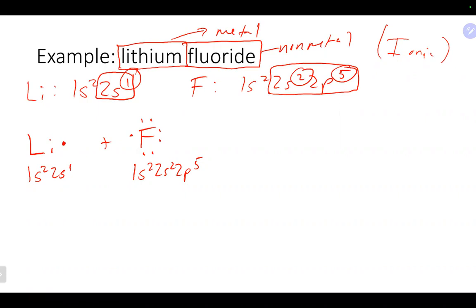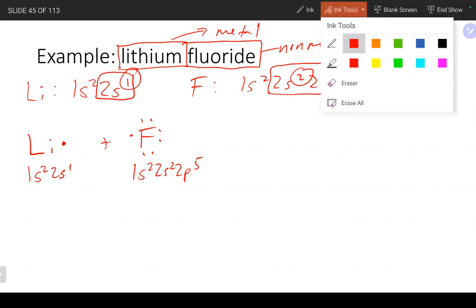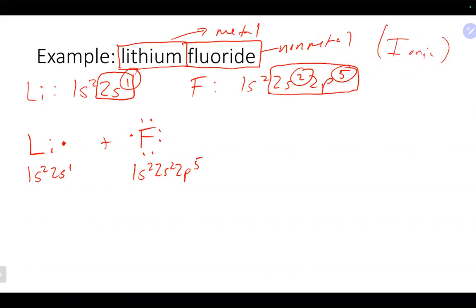What's going to happen when these two get together is, because the metal has all of those periodic properties to say, take my electrons, and the fluorine, which is a non-metal, has all the properties to say, I will take your electrons, the electron goes from the lithium to the fluorine.